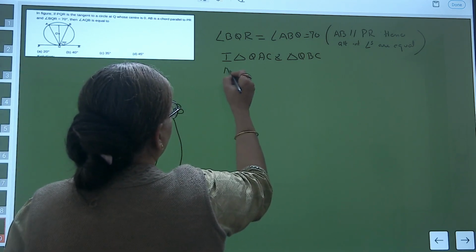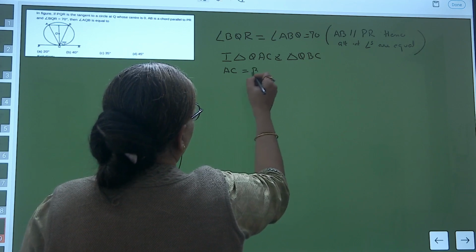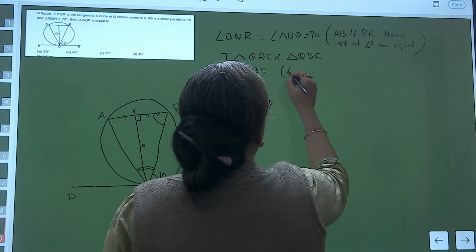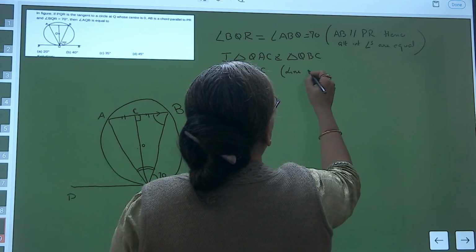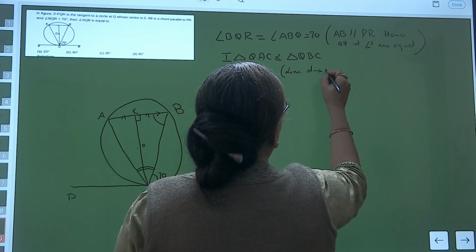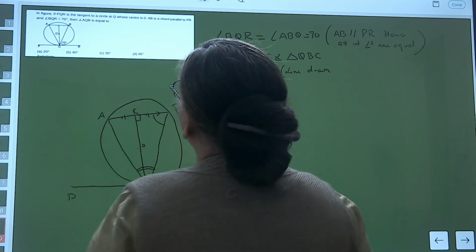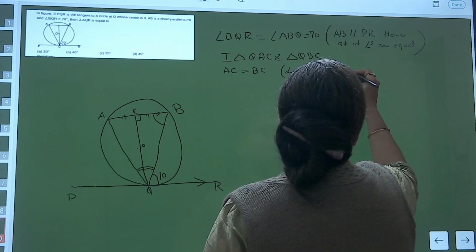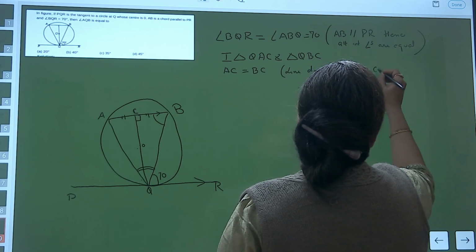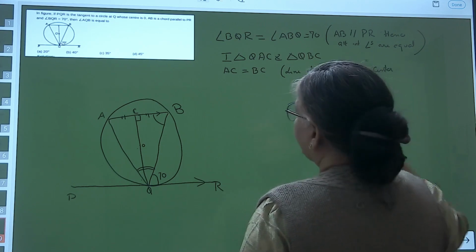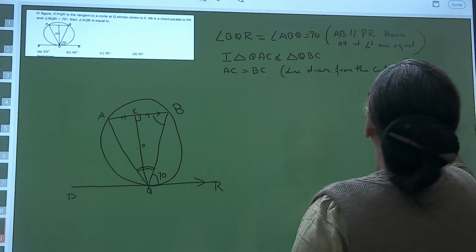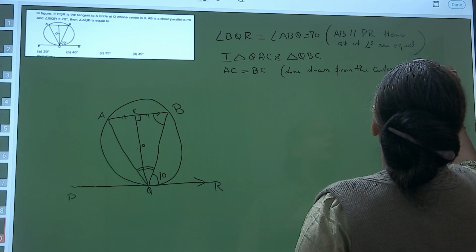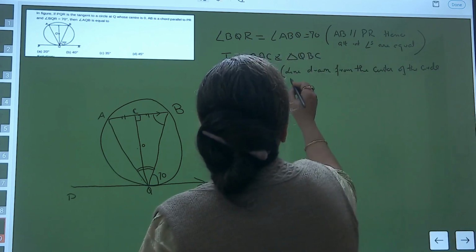Reason? A line drawn from the center of the circle bisects the chord.